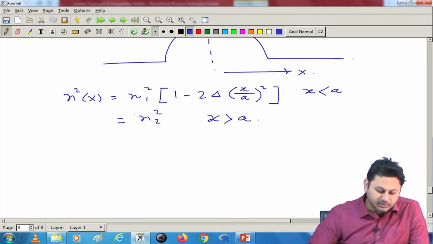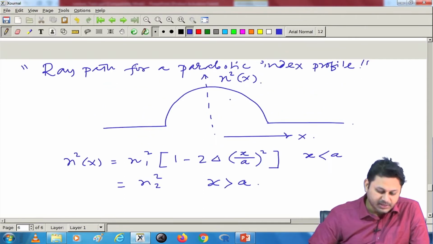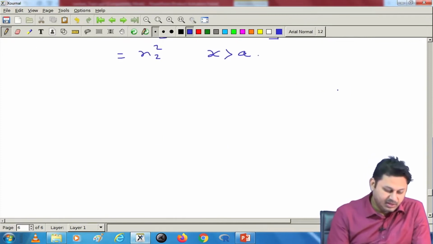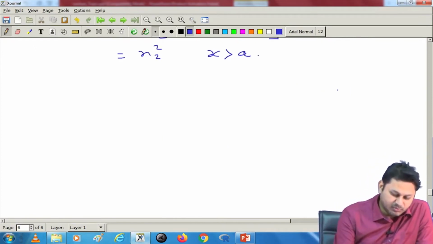Now, I know what my n square is for this profile and I need to find out how the ray path will look. The ray equation is in my hand. So, let me write down my ray equation once again.